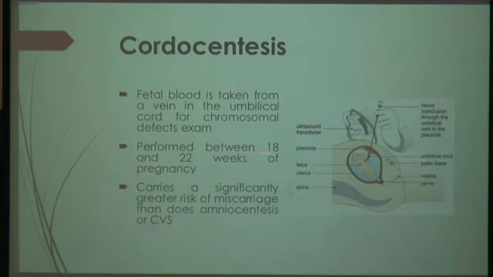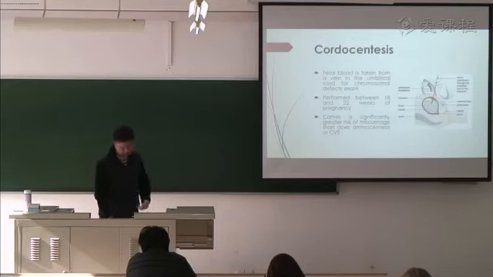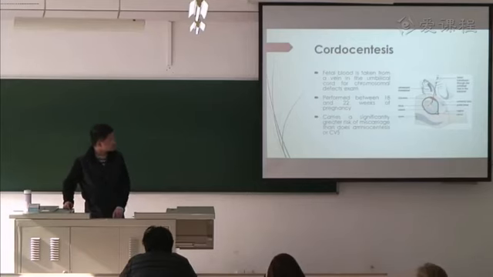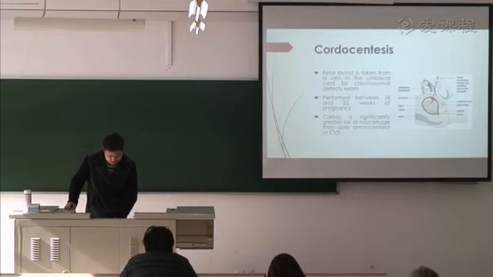This is usually performed between 18th and 22nd weeks of pregnancy. It also carries a slightly greater risk of miscarriage than the previous two methods. But again, because it's looking directly into the cell of the baby, it can tell 100% or 99.99% if it has trisomy.